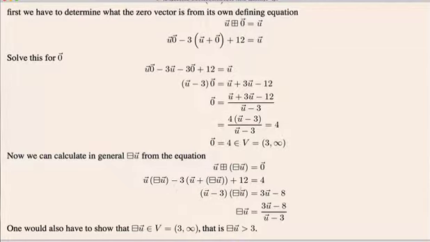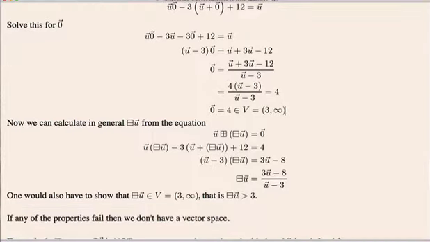And then we can solve this for box minus u by using basic algebra. So we multiply out, factor out things, and what we get is that the additive inverse of u under this special box plus operation is the box minus u vector, which is simply 3u minus 8 over u minus 3.